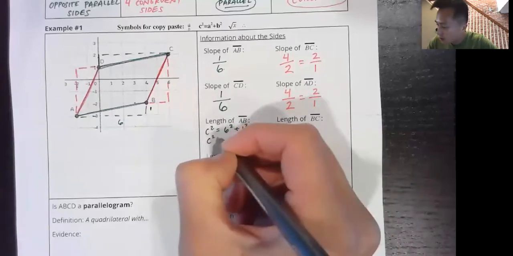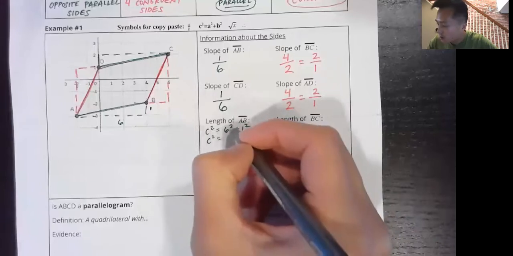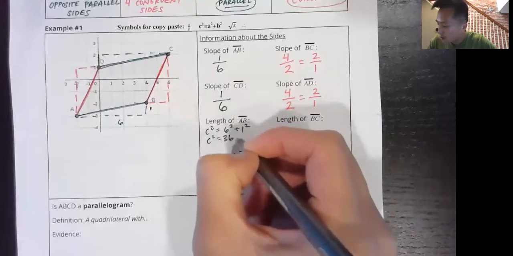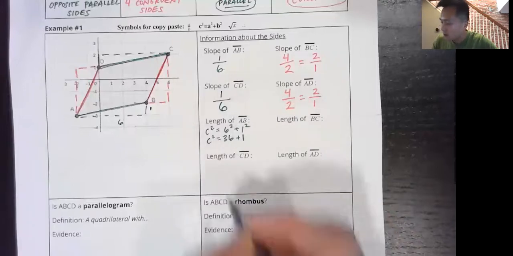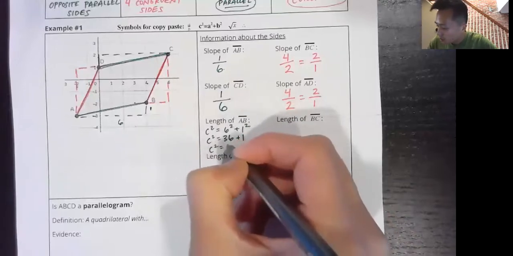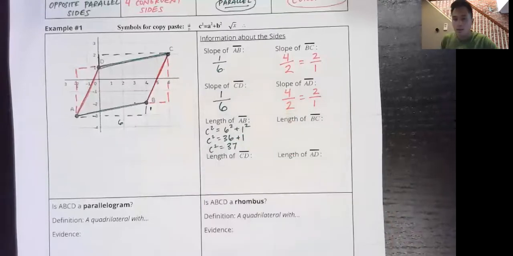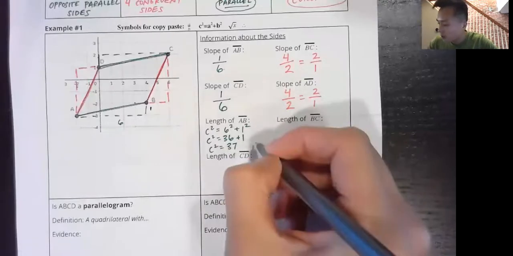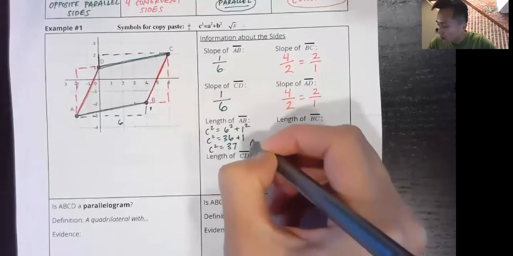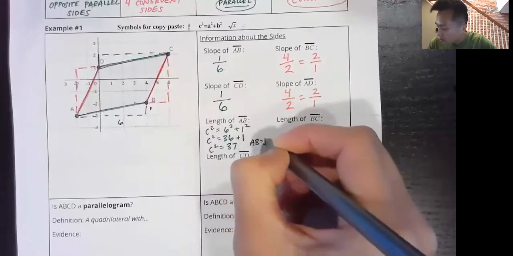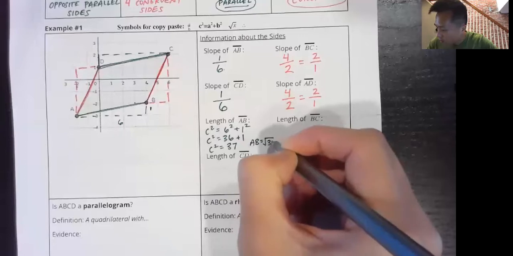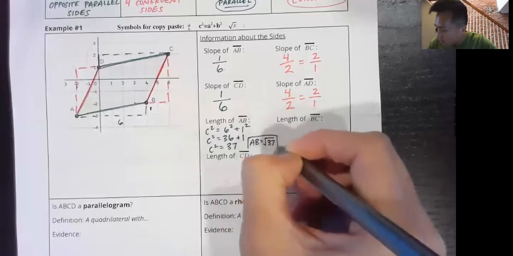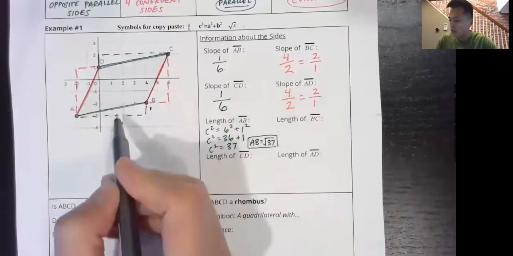So C squared is equal to 6 squared, which is 6 times 6, so that's 36, plus 1 squared, which is 1. C squared equals 37. So if I took the square root of both sides to undo this squaring, I would know that AB is equal to the square root of 37. That's the length of this side here.